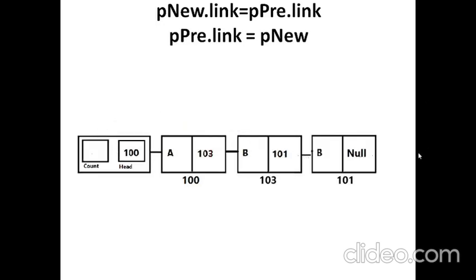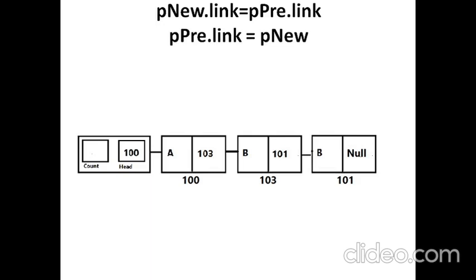So the link has been modified like this. This is inserted at the middle of the list. So we have seen four possible insertions: inserting into an empty list, inserting at the beginning as the first node, inserting at the end, and inserting at the middle.